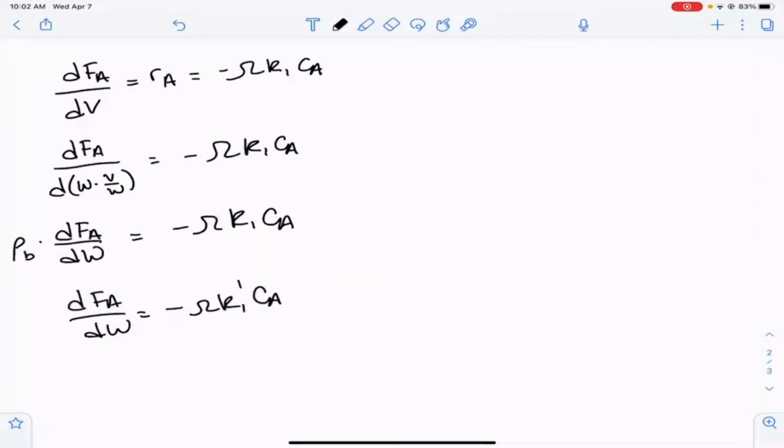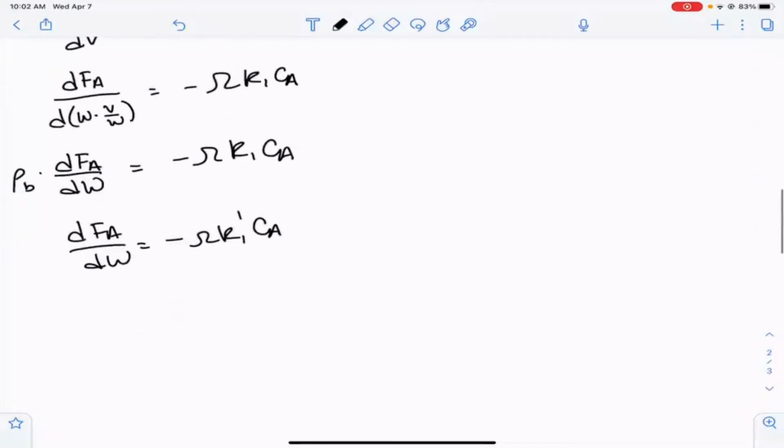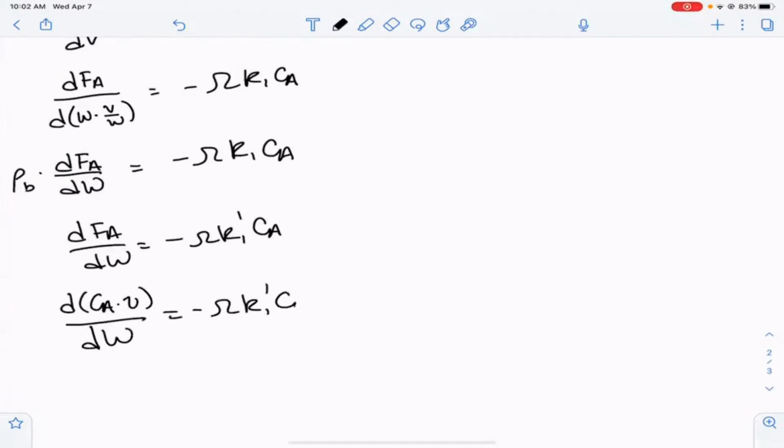Okay, that's good. Now, our next instinct here, based on what we've done this semester, is to make substitutions for the concentration. And when we do that, we know that this is d(CA times v)/dW equal to minus that stuff on the right-hand side here.